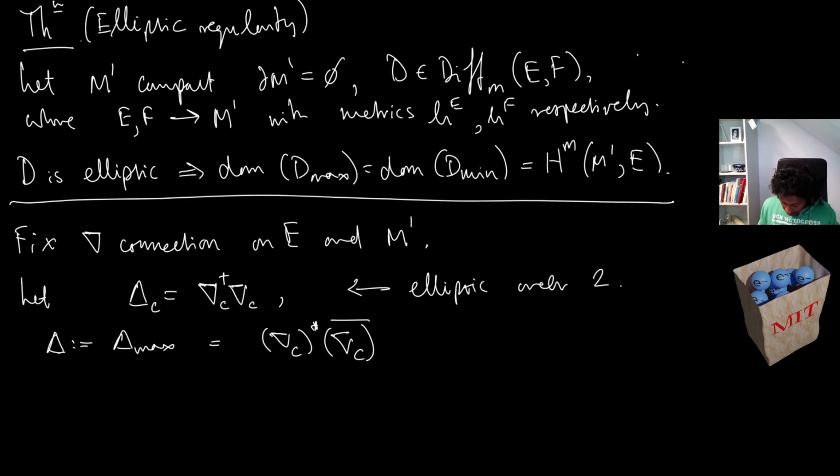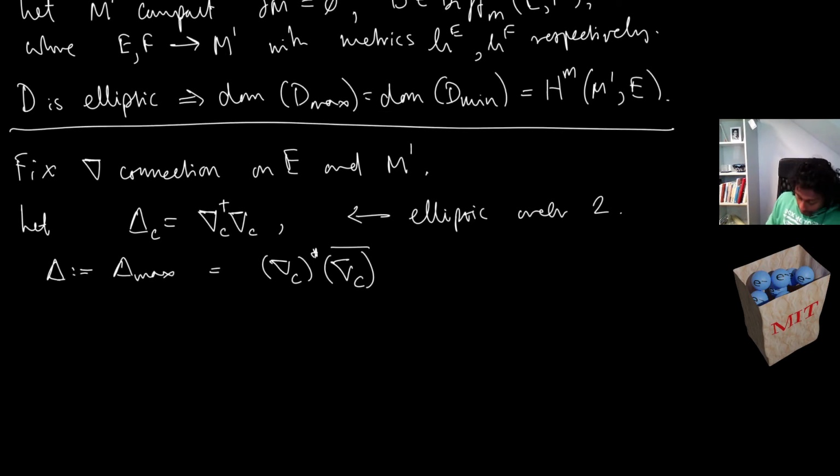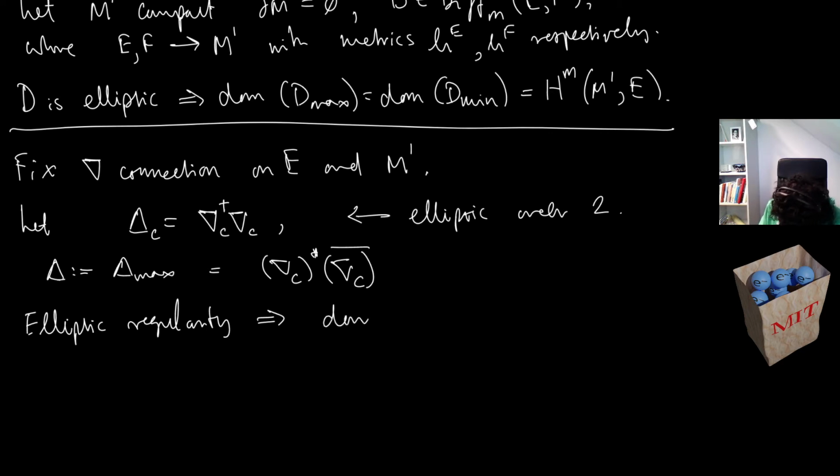So this is a second order elliptic differential operator. So this elliptic regularity theorem gives us that the domain of this Laplacian is equal to H^2 of M prime over E.